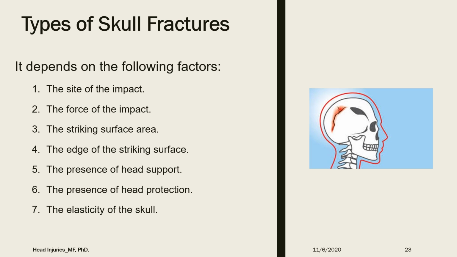Also, the effect of the blow is usually more pronounced when the head is supported, as I mentioned. For example, if the victim is asleep on the ground, the head will be crushed between two forces, the force of the blow and the force of the support of the floor. All these factors change the type of the fractures that happen in the skull.